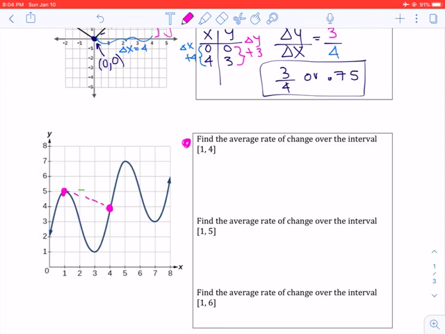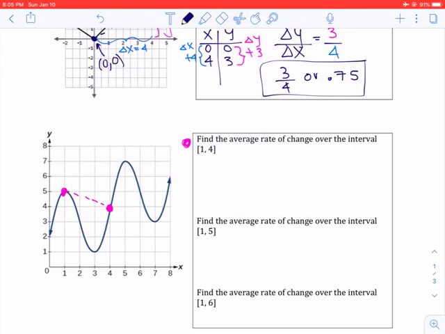And we're going to be calculating the slope of that line segment. Now notice our function decreases and then increases, but the net change is a decrease of 1. So we're actually going down 1 full unit in the y values.